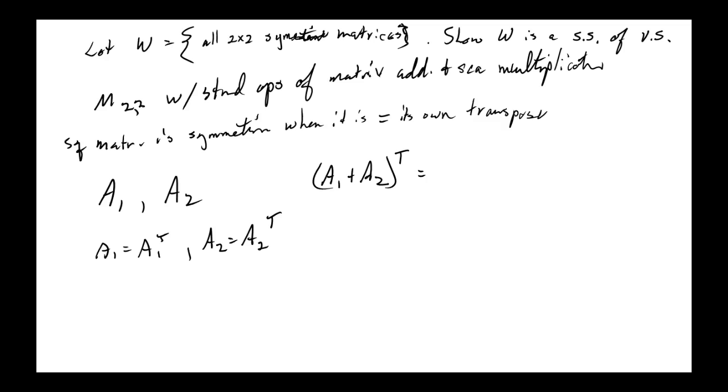Yes, here are some properties on page 57 of the properties of transposes. If you look at number 2 from page 57, you see that A1 plus A2 transpose is equal to A1 transpose plus A2 transpose.